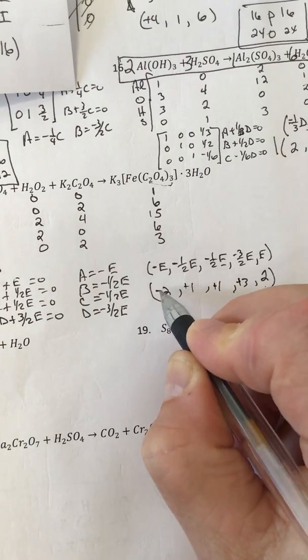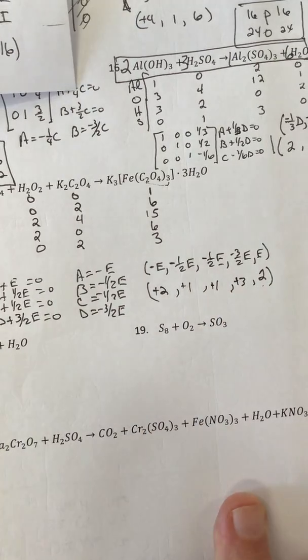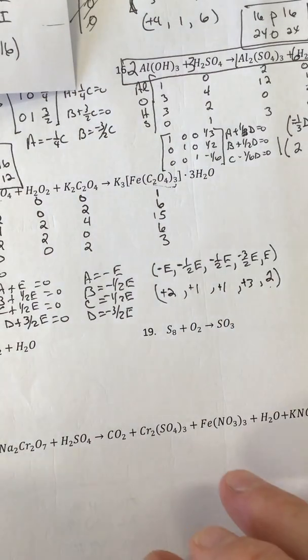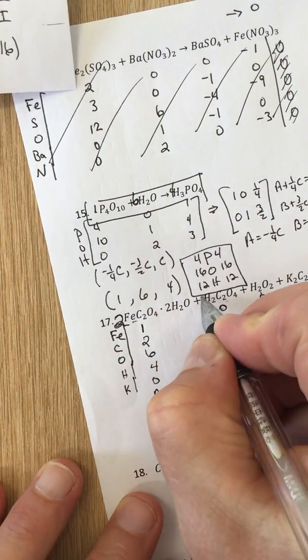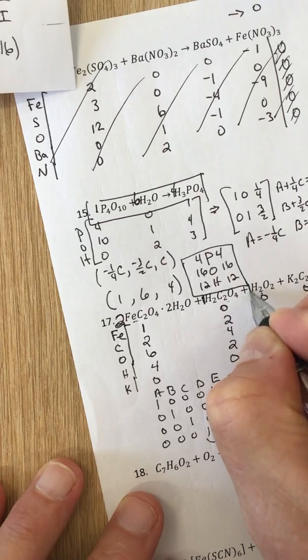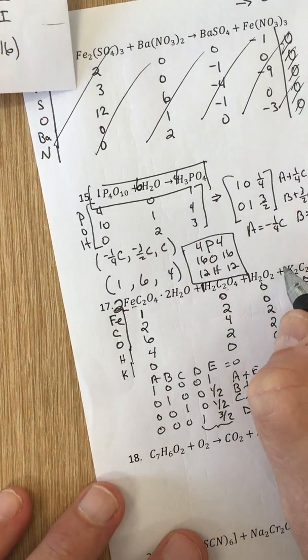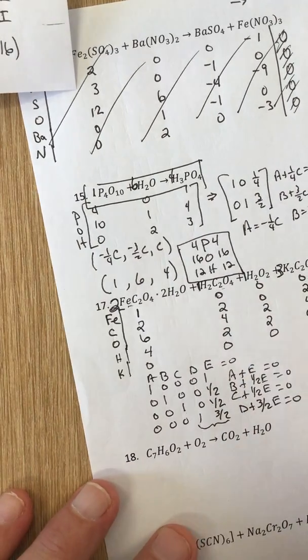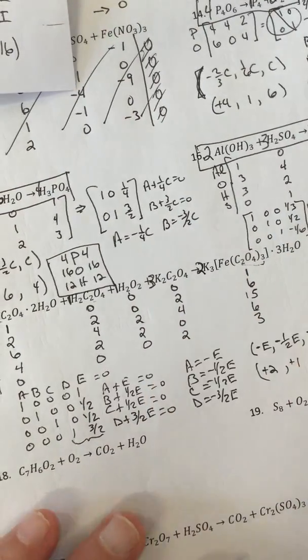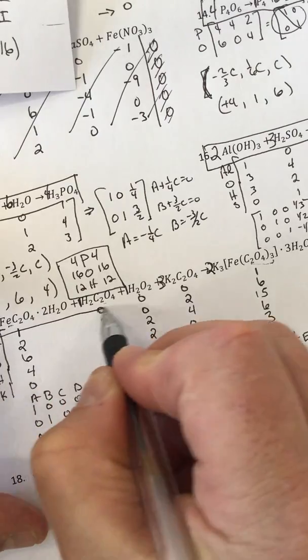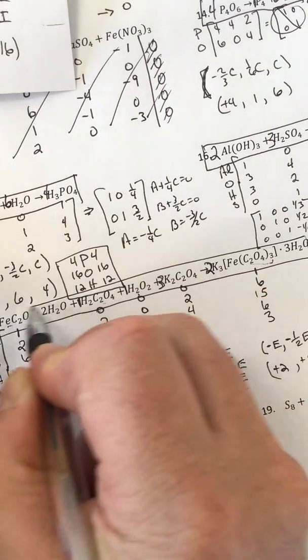I'm just going to take the absolute value of all of those. So there's the relationship. 2, 1, 1, 3, 2. So 2 of these, 1 of those, 1 of those, 3 of these gives us 2 of that thing. Okay, that's the balance.